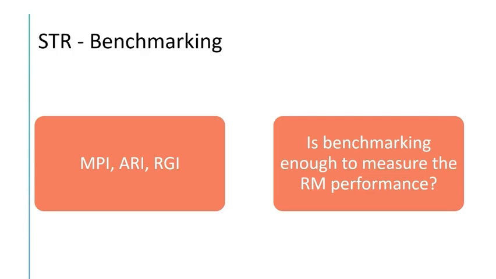So if we ask this question, is benchmarking enough to measure revenue management performance? So the answer is, it is not enough, but it is all we have, right, in terms of comparing ourselves to the comp set. So MPI, ARI, and RGI are the only three measures where a hotel can compare its performance to the competitor set.